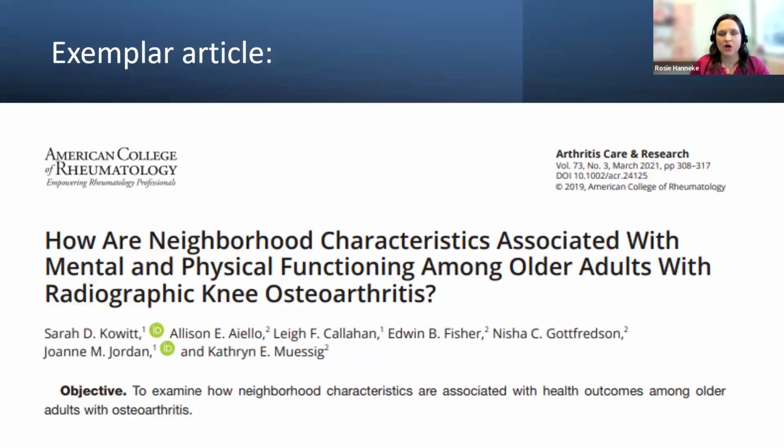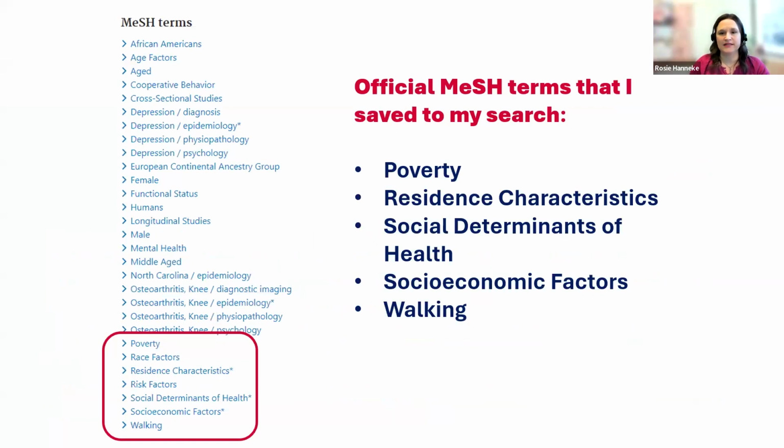We chose an exemplar article that would fit our inclusion criteria for this hypothetical review. And then we looked up that article in the PubMed database to pull out those controlled vocabulary or MeSH terms to save to our search. So these are the terms that correspond to the major concepts in our research question.